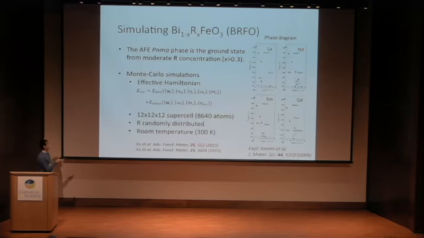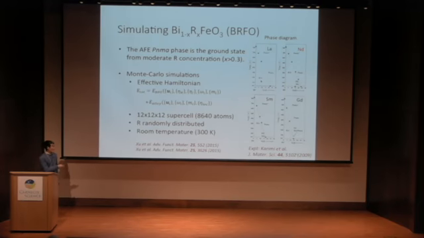Now let's see a specific system that we choose to study, the bismuth rare earth ferrite solid solutions. On the right, we see this experimental phase diagram of BRFO for 4 different types of rare earth elements.